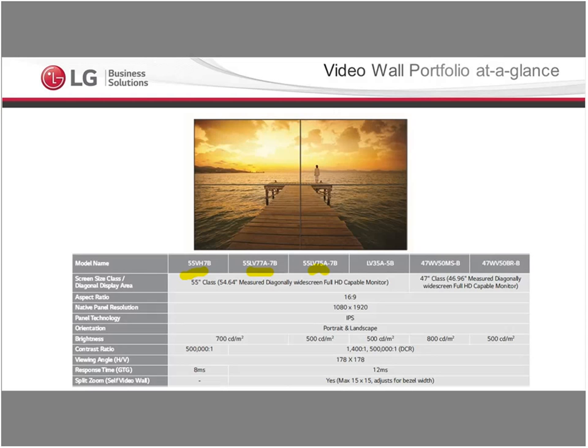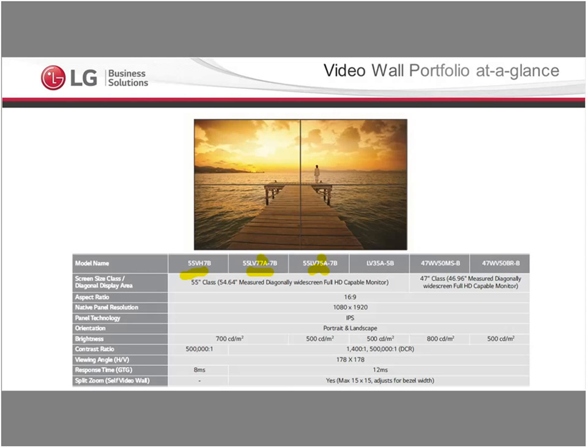Dan did give us a note on what these numerics actually stand for. So just to remind you, as we look at the LV77A and the LV75A, that second numeric, the 7 here and the 5 here, is representing the nits. So this is 700 nits, and this one is 500 nits.